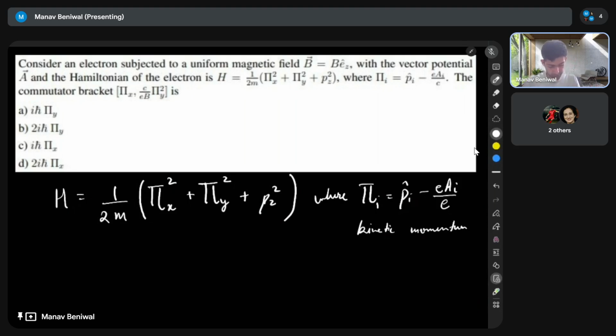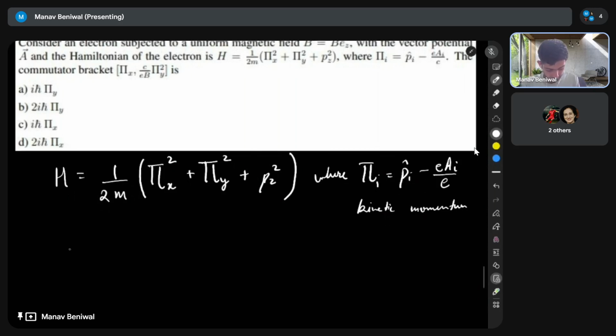Then what we need to find? We need to find this commutator of pi x, c by eb pi y squared. So let's call this quantity k, or 1 over k.